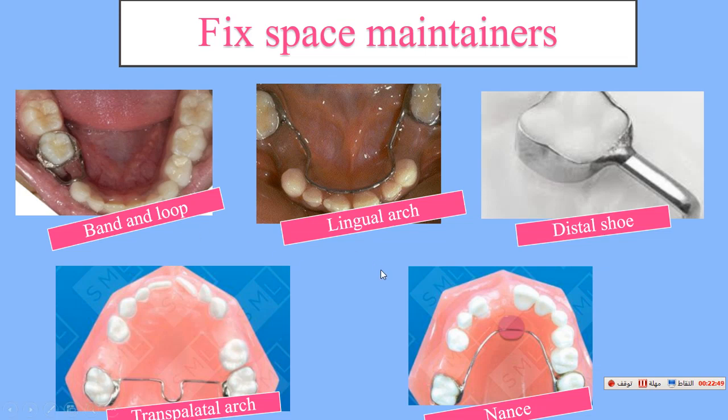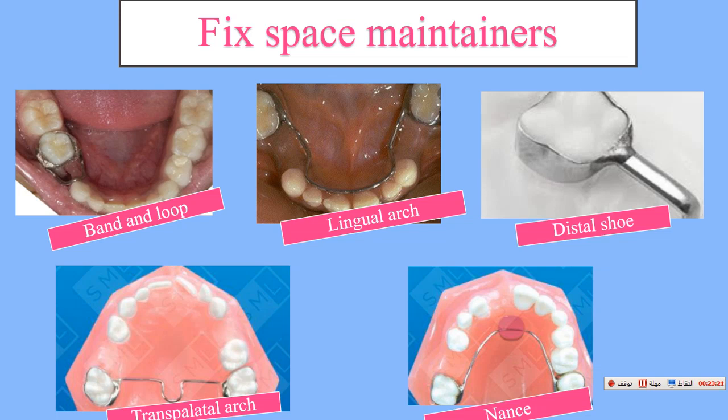All the other types, upper and lower, are passive and non-functional, meaning they only maintain the space, with no other function. But the Nance can be active or passive.